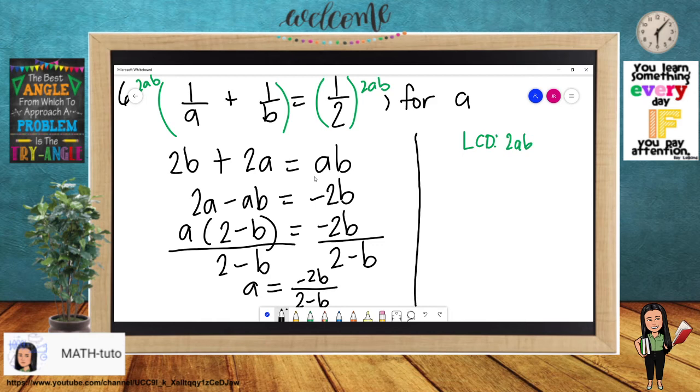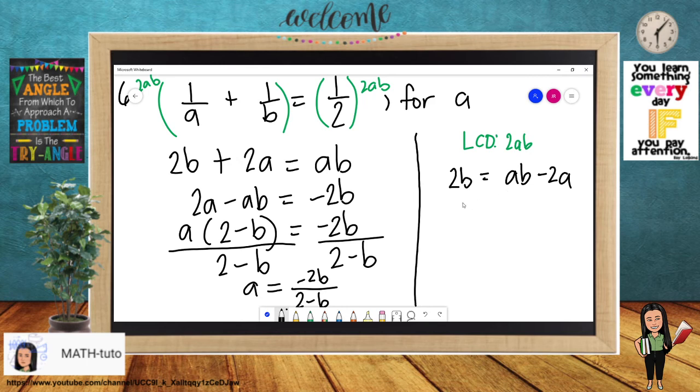From this one, if what we did is 2B and then this is equal to AB minus 2A, we applied the addition property of equality, but instead of putting all terms with A on the left and the other terms on the right, I put all the terms with A on the right, which is still the same.